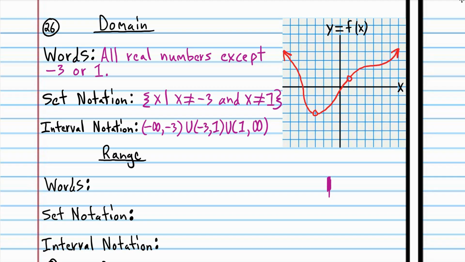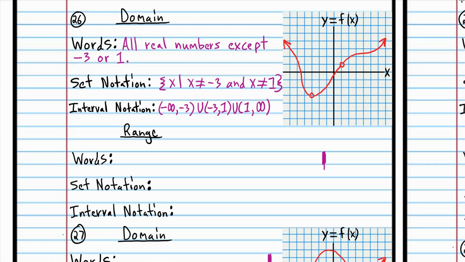Now, all of the y values of these points are pretty much represented. You might say, well, y cannot be equal to 1 because that's an open dot there. But we have a point over here that has a y value of 1. So 1 is actually part of the range. But down here, you see that that point has a y value of -3, but it's an open dot.